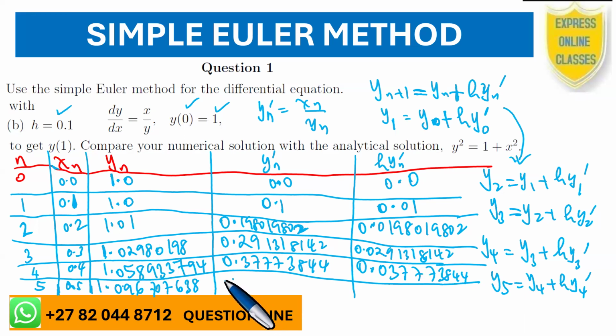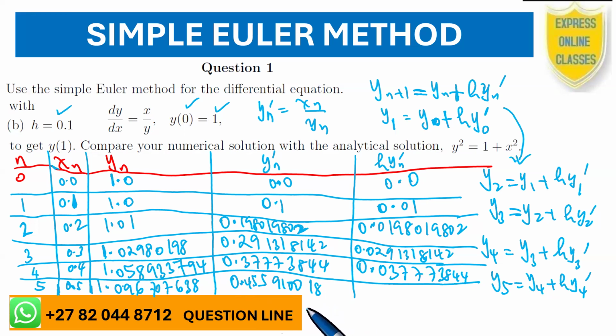So now we put that one there at step number 5, 0.455910018.